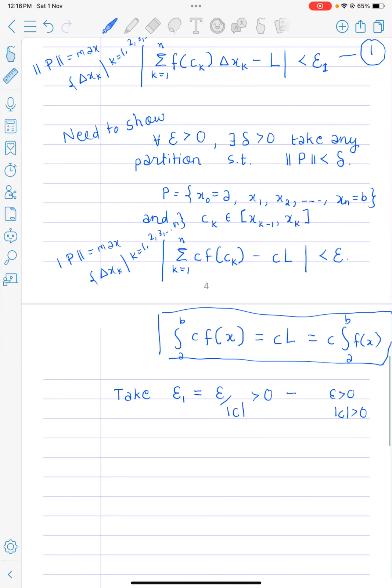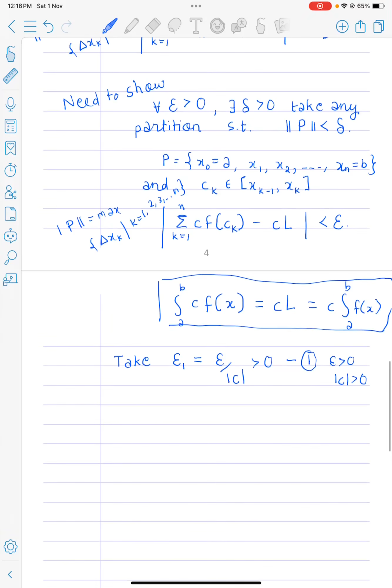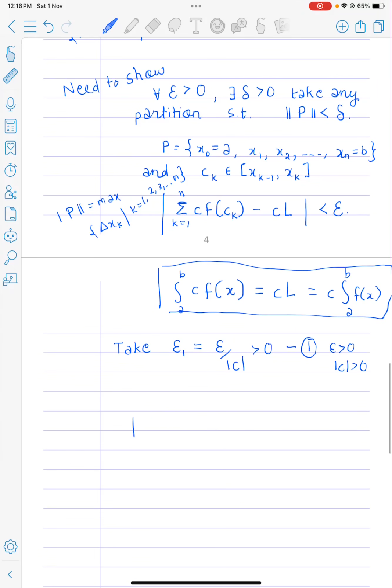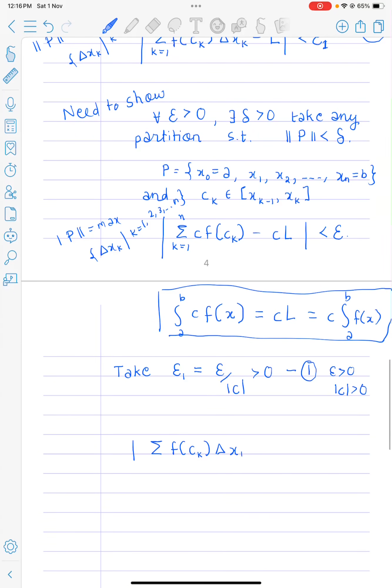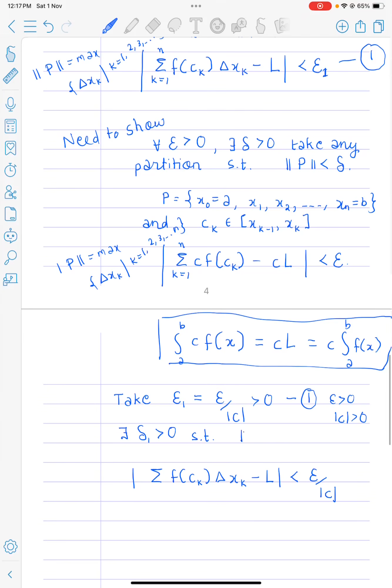If you choose this in equation 1, then obviously this thing will hold true, right? The sum of f(ck) delta xk minus L is less than epsilon by mod c. Obviously, there will exist a delta 1 greater than 0 such that for all partitions with norm less than delta 1.